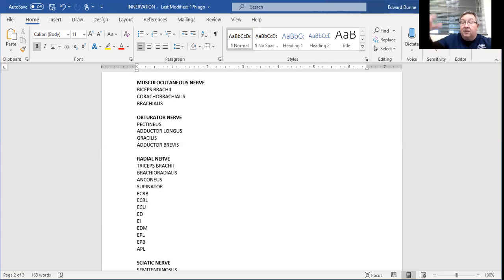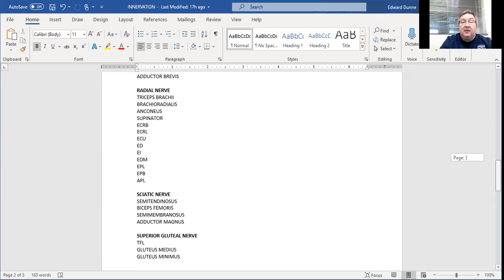Gracilis, that muscle that comes from the pubic area and inserts into the pes anserine, that area on the anterior medial proximal tibia, where two other muscles, sartorius and semitendinosus, also insert into the pes anserine. And finally, the pectineus, one of the lateral rotators, one of the muscles that you're not going to need to know. Remember, the only lateral rotator that you will need to know is the piriformis muscle.